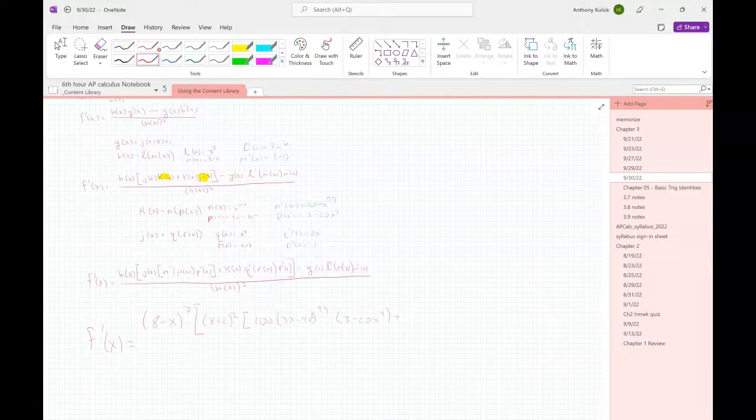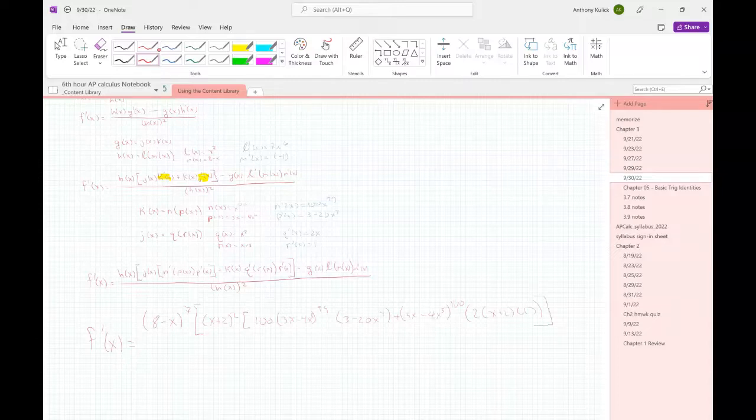And then k of x was 3x minus 4x to the 5th to the 100th. And then q prime was 2, and then x plus 2 times 1. That was q prime of r of x times r prime of x.